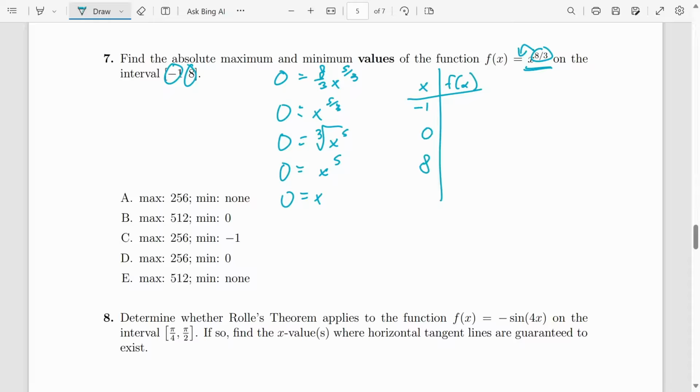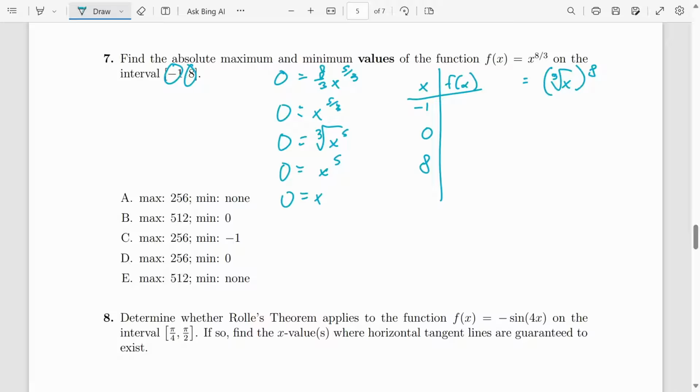They're -1, 0, and 8. And then plugging them into the original function would be hard unless we rewrote it as the cubed root of x to the 8th. Actually, let's do it the other way around. That would probably be even easier. Let's do the cubed root of x to the 8th power. That would work as well.